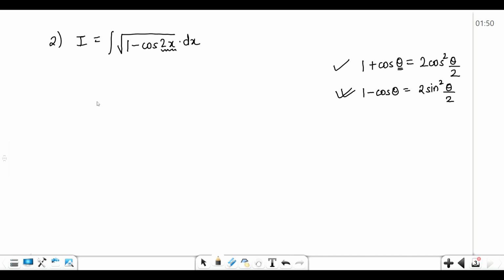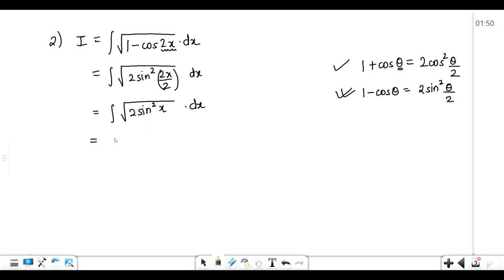So similarly it will be 2 sine square 2x by 2, or you can directly write it as 2 sine square x dx. Now if you look at this, 2 is under the root, so we'll take root 2 outside, and the sine square x under the root will give you sine x dx.